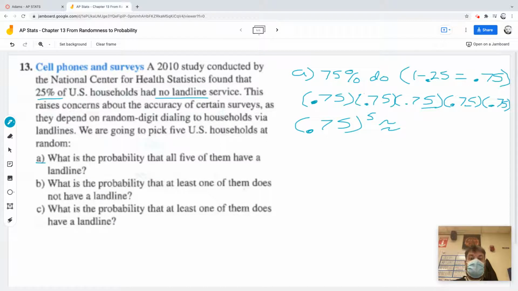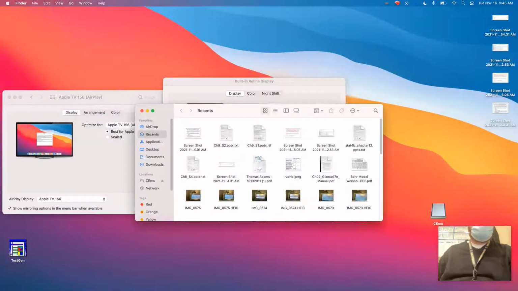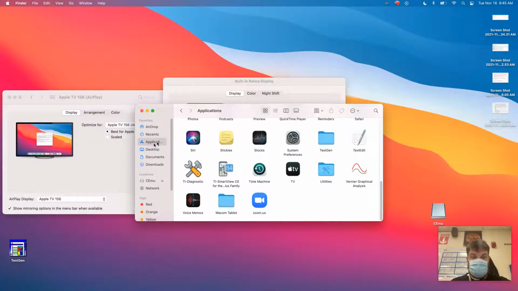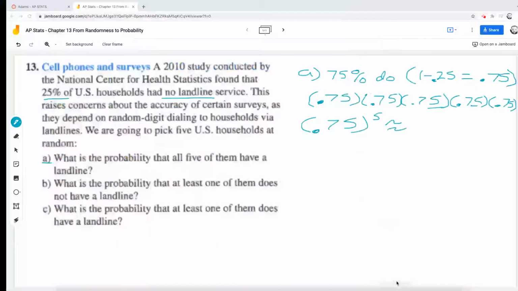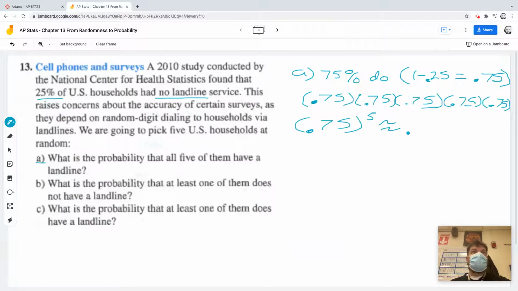Now, if we plug that into our handy-dandy calculator, I'm going to get about 0.237, or 23.7% probability.